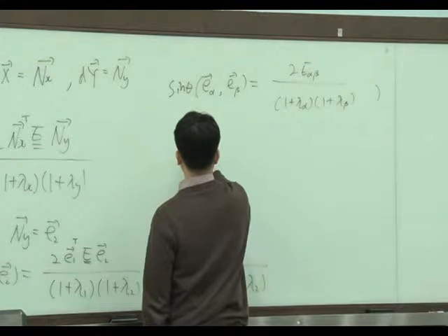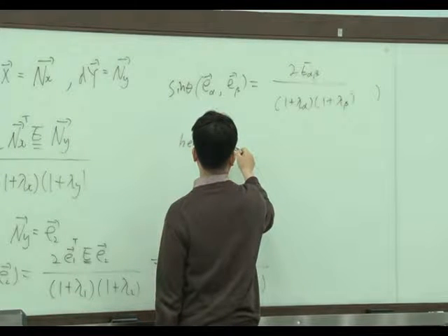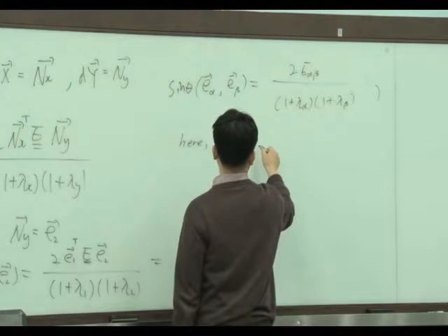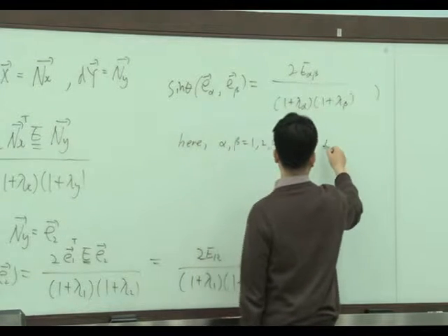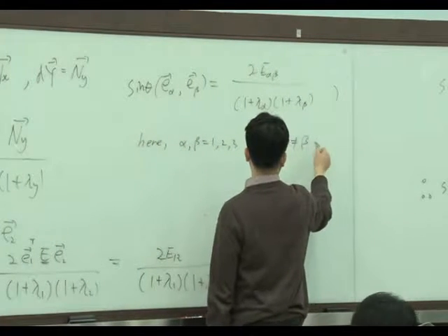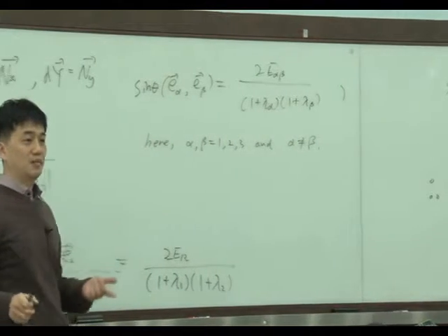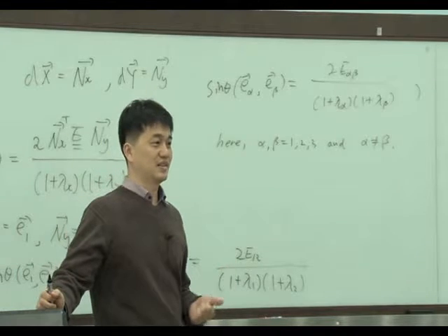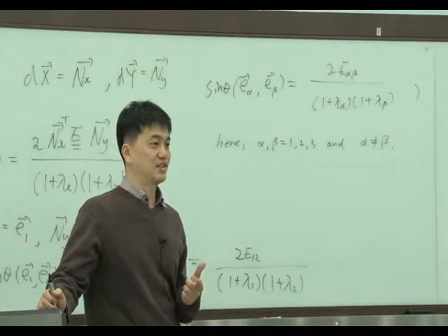And here alpha and beta equal 1, 2, 3, and alpha and beta are different. If alpha and beta are the same, we cannot calculate the angle change, right?